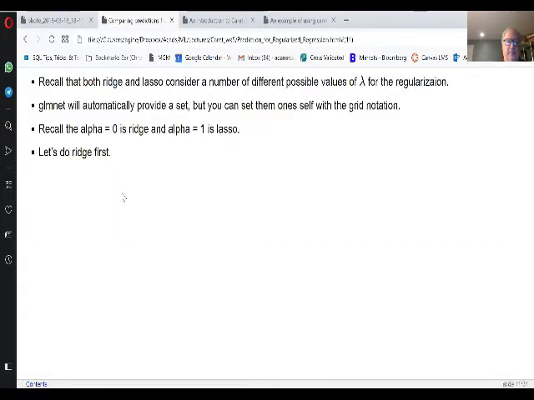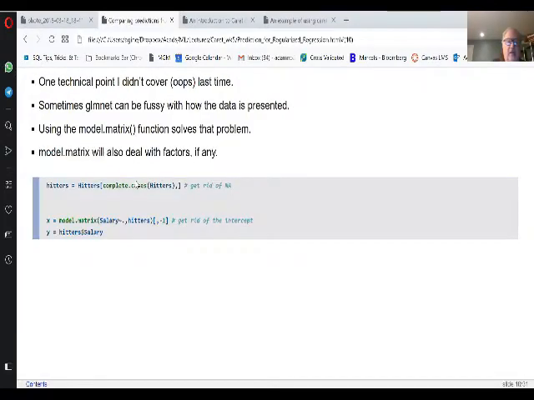And oops, this is something I should have mentioned yesterday, and that is, glmnet is an older package, and sometimes it can be a little fussy with how it wants the data. And there's this model.matrix function that takes a data set, in this case hitters, and tells it what's the Y variable, and then it creates the other things.